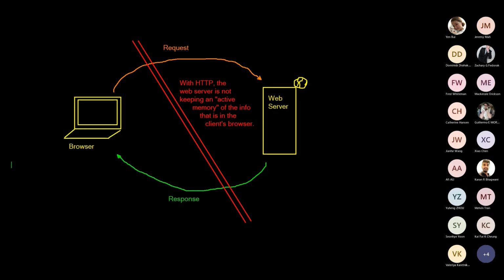So preserving the information in the browser can involve the use of input type equal hidden, as well as other things like cookies or browser storage.